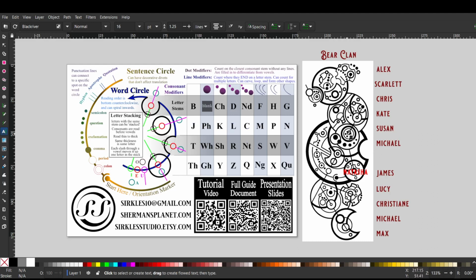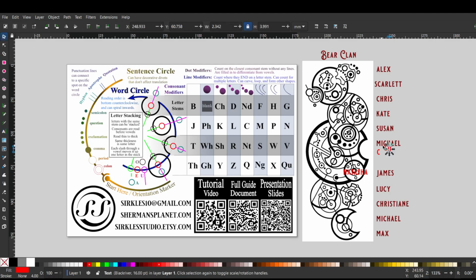So that 4-dot letter is a C. Okay, and then we have 3 dots on the inner circle. So that would be an L, because C has 4 dots, L has 3 dots. And then we have the vowel, and this vowel has a line going outwards. So vowel line going outwards is a U.